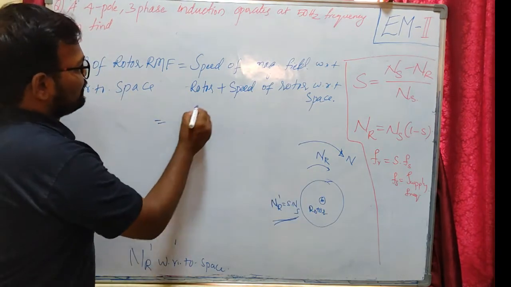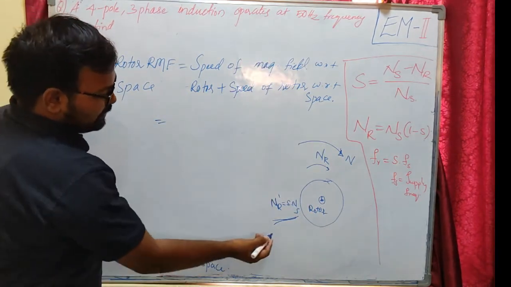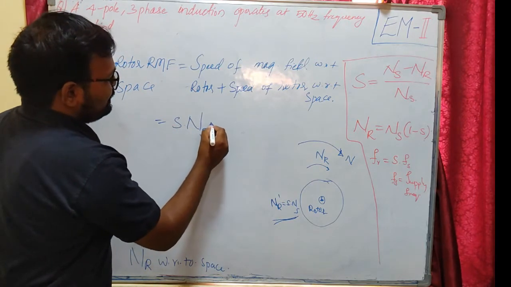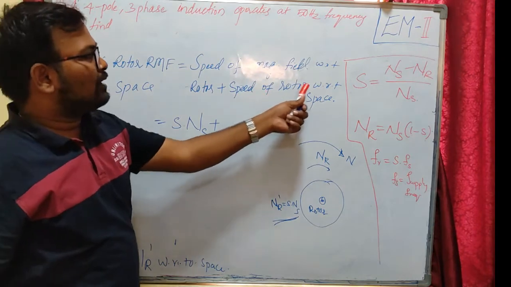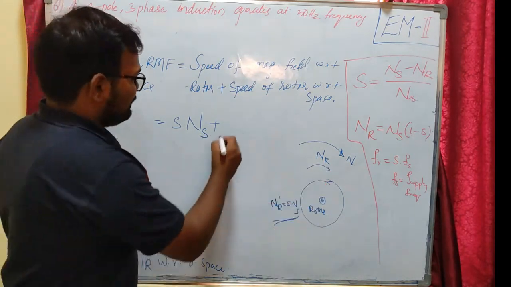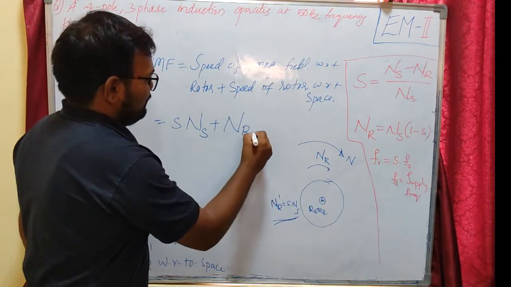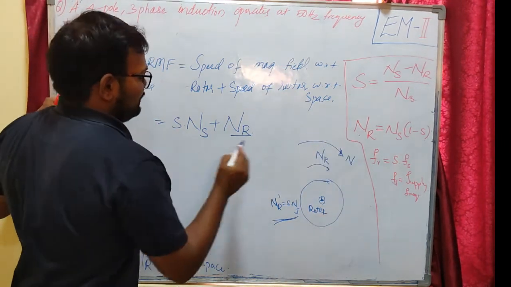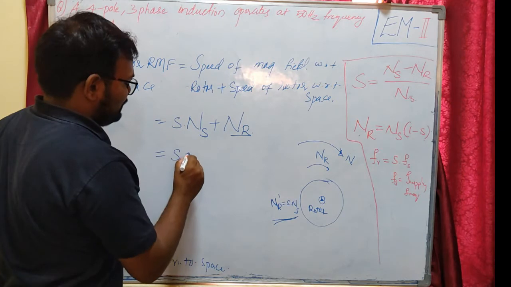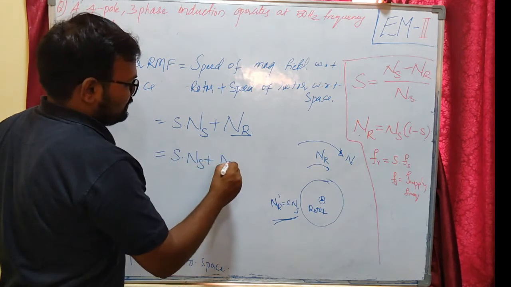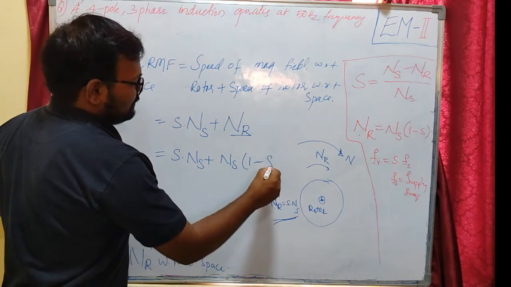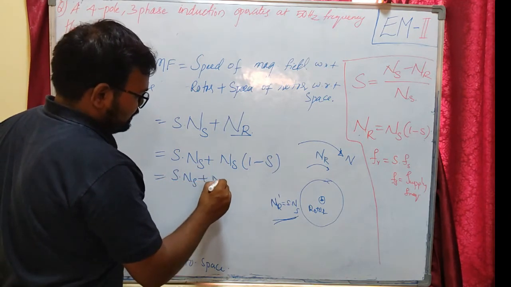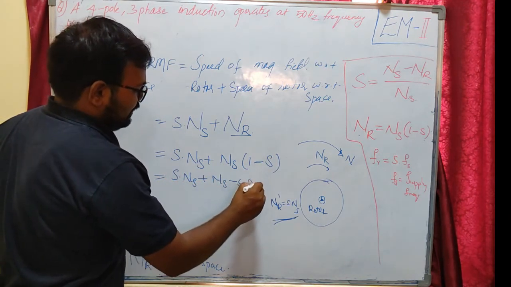Now, the speed of magnetic field with respect to rotor is S times Ns plus the speed of rotor with respect to space, which is Nr. Now, I am replacing Nr with this expression here, that is S times Ns plus Ns into 1 minus S. So, S times Ns plus Ns minus S times Ns.